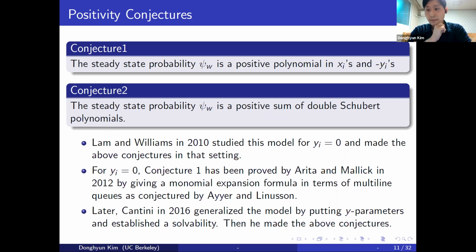Okay, any questions about the setting so far? Okay. What does solvability mean?